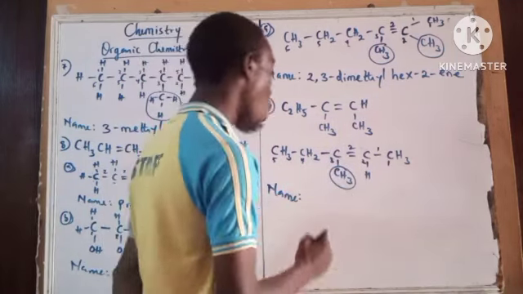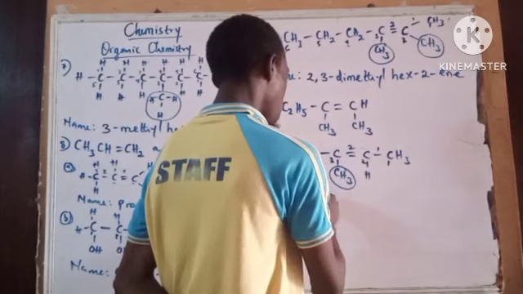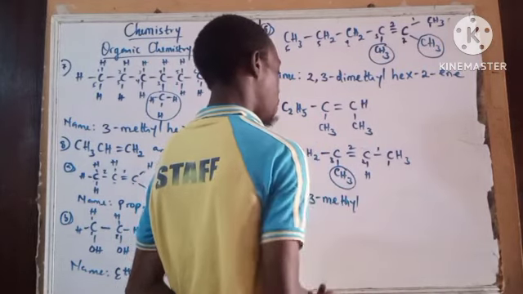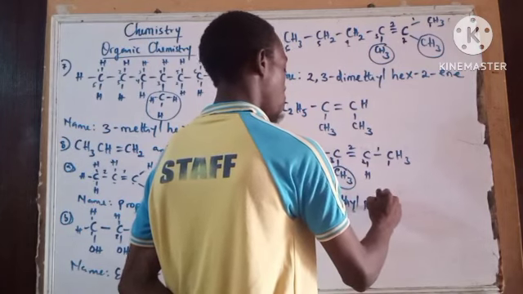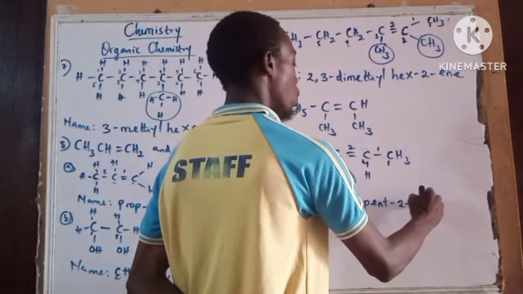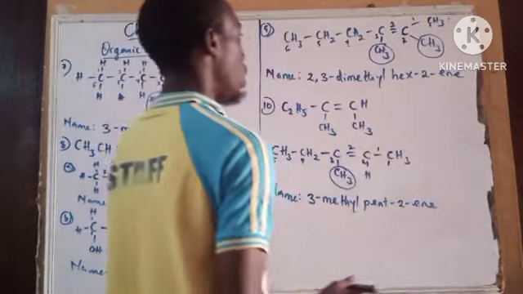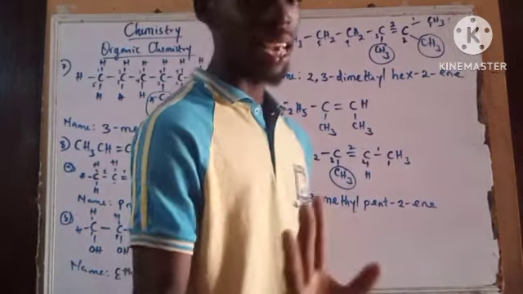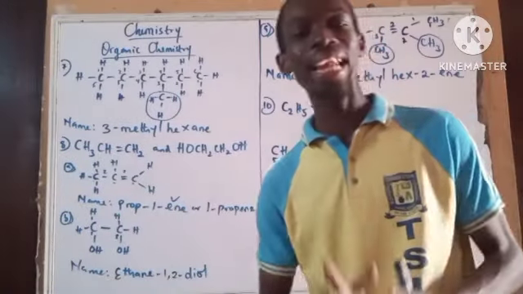This becomes my substituent. So what is the name of this compound? I have 3-methyl, and this is pent-2-ene. 3-methylpent-2-ene. So that is all on the assignment.